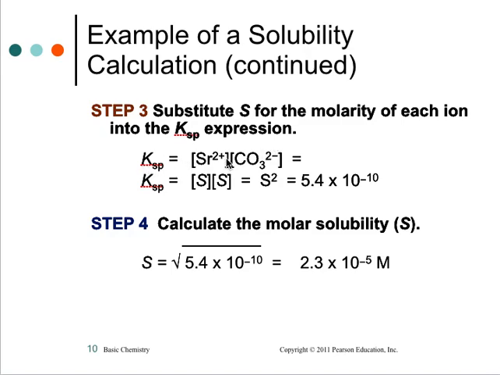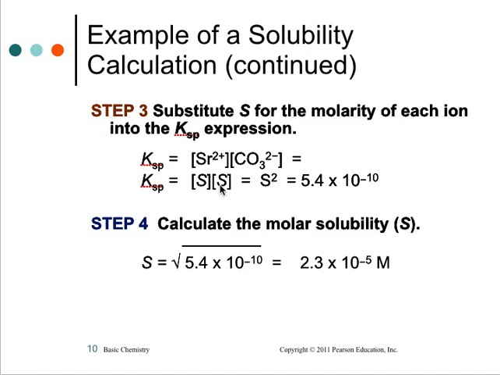If the Ksp is the concentration of strontium times the concentration of carbonate, you put them together. Since they're the same, you can say it's 5.4 times 10 to the negative 10 equals the concentration squared. Okay, right? Now, to solve for moles, this is moles per liter.